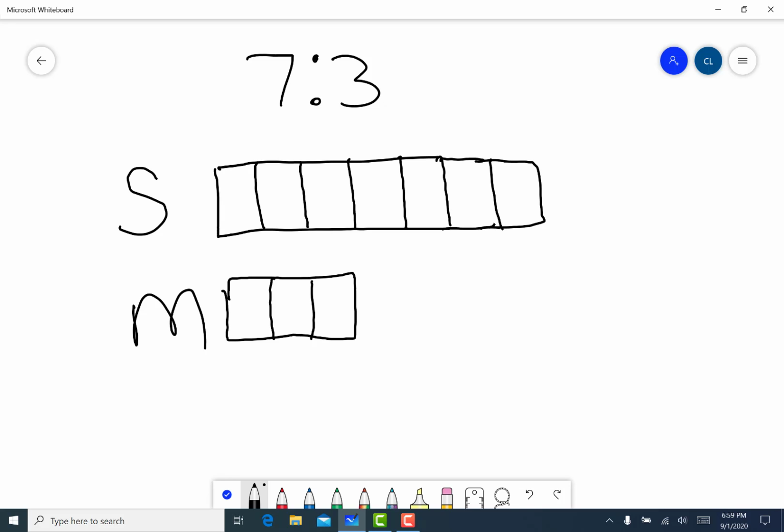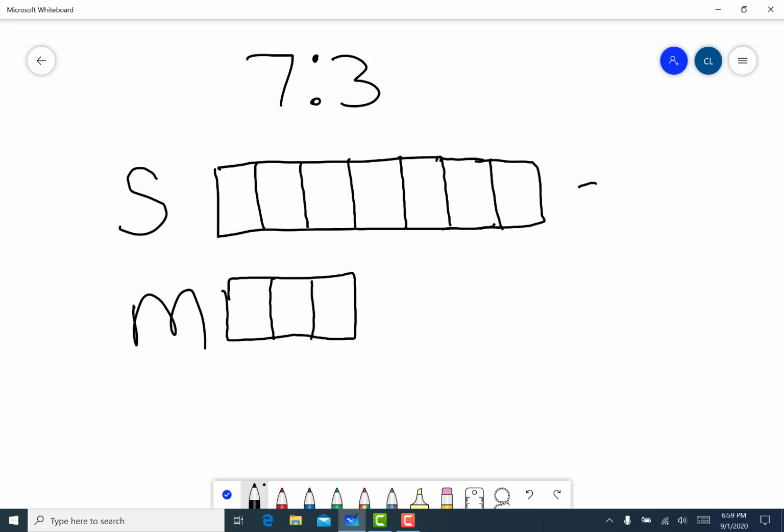So if it's 7:3, let's think about something different. This is when we're getting to those equivalent ratios. So if it's 7:3, what about if Shawnee's ribbon is 14 meters?